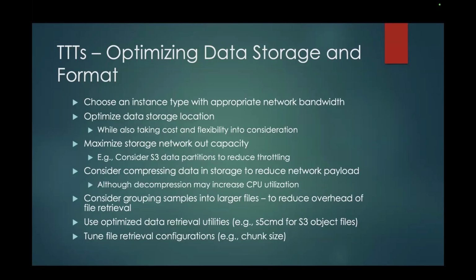If you use cloud instances, they usually come with specifications regarding the network bandwidth that they support, so you need to make sure you're using one that supports what you need. You want to optimize the data storage location. Obviously, the closer the data storage is to your device, the better. But you also want to take into account cost and flexibility.